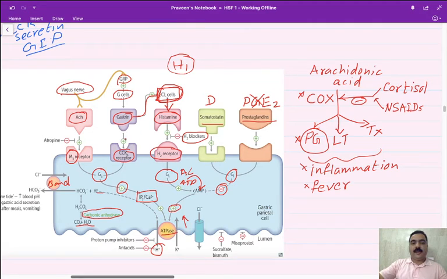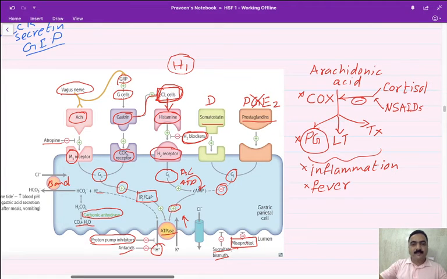Okay, and whenever you have these reasons, what are the treatment approaches you can use? You can use an H2 receptor blocker or atropine, which inhibits the M3 receptor, or the major one you can use is the proton pump inhibitors that block the H plus K plus ATPase itself, or you can use antacids. Or there are analogs for the prostaglandin, called misoprostol.